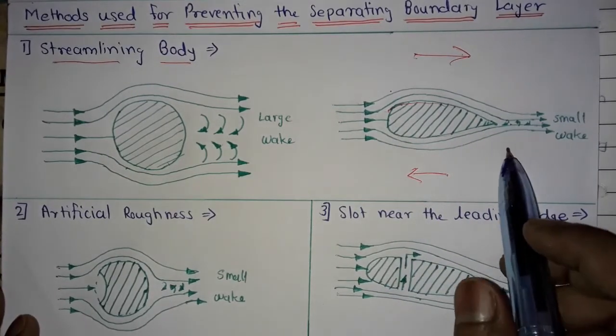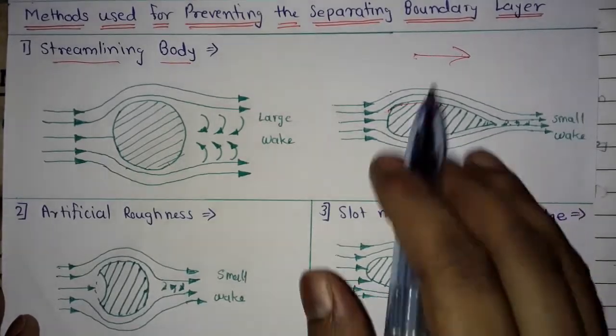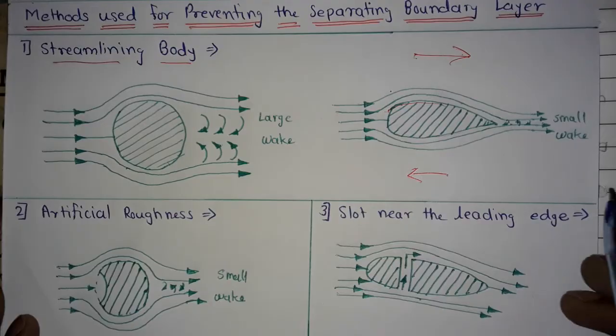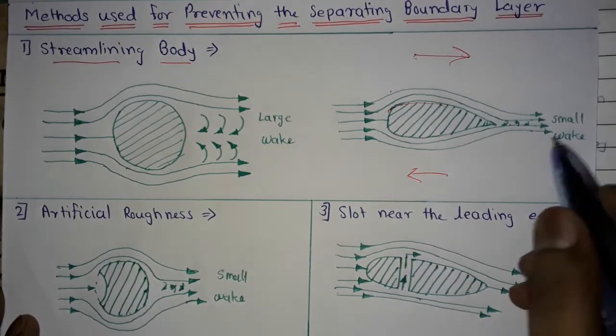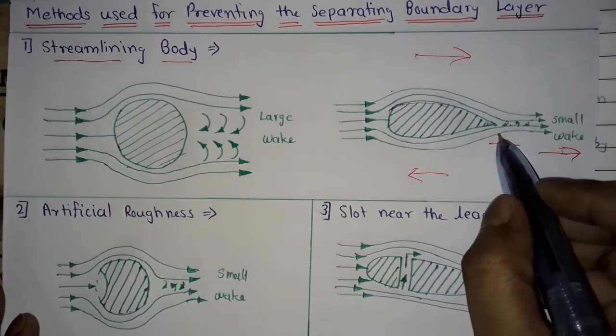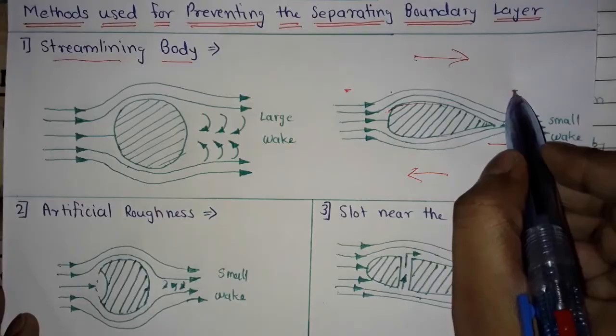And friends, because of streamlining, the point of separation of the boundary layer occurs as far as possible on the downstream. That is, downstream means here; this is upstream, friends, and this is downstream.